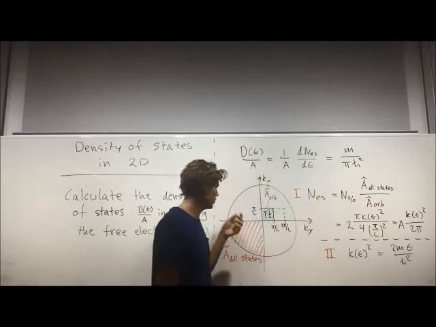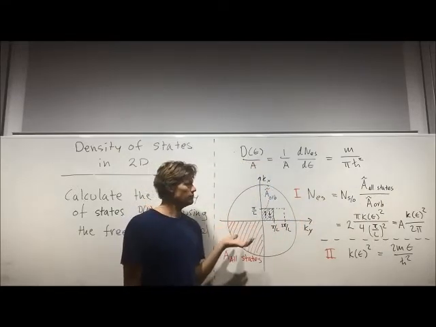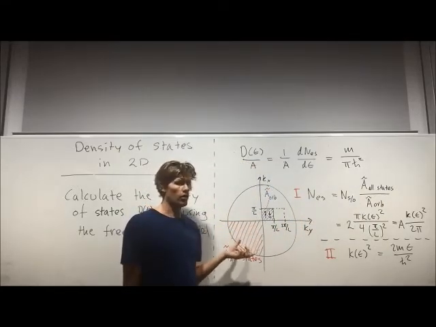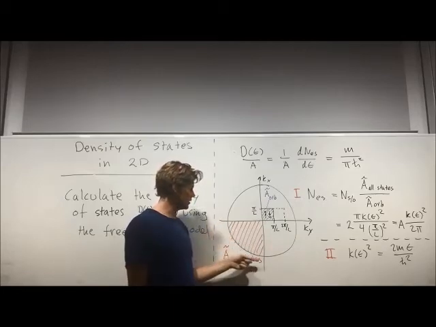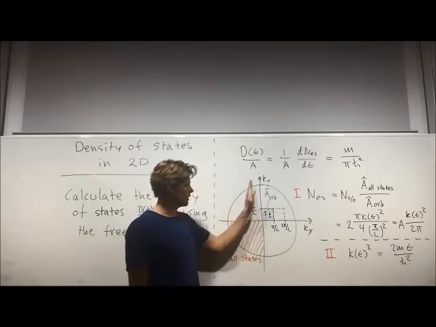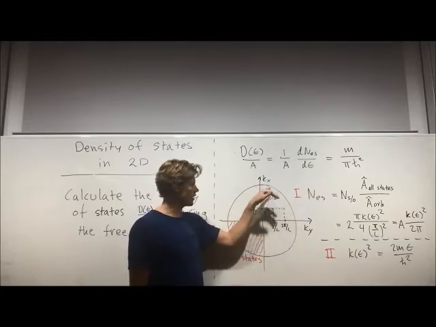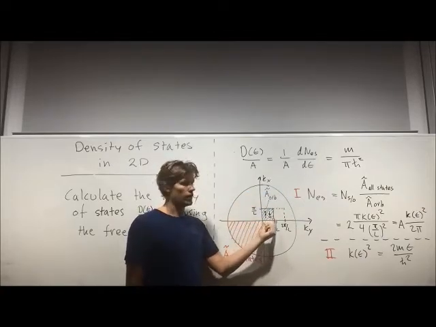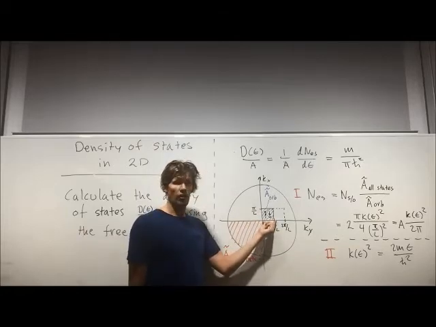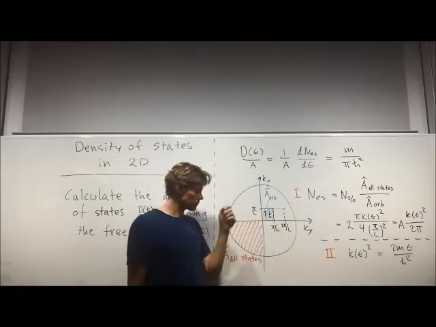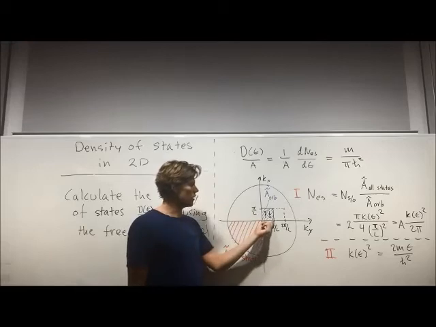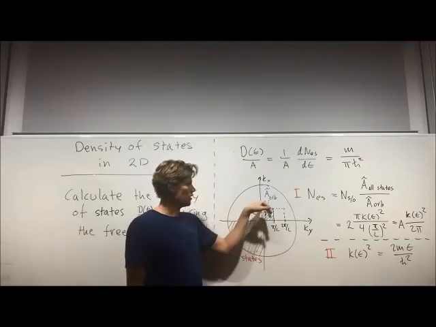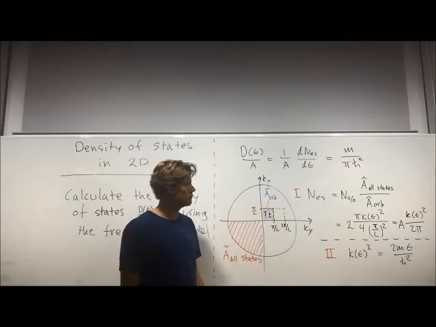You can use this picture here, where the total number of allowed states is this piece here, basically the positive values of kx and ky, and the area of one of these orbitals is denoted by A orbital here.